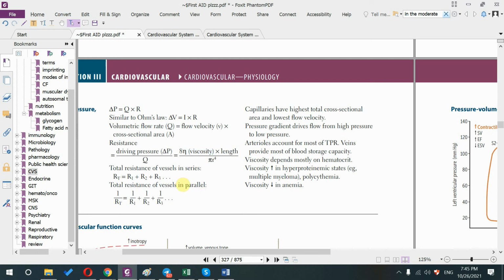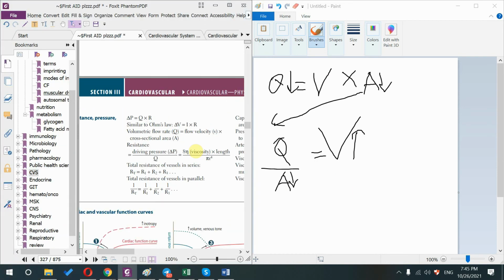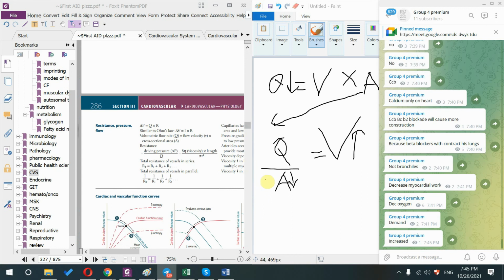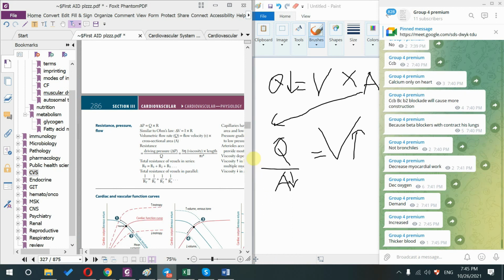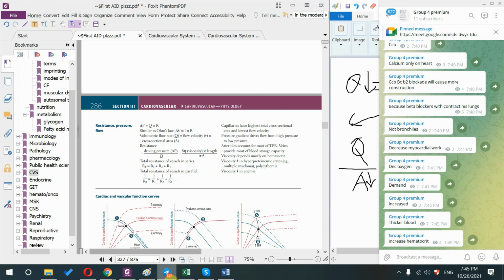Guys, someone who has polycythemia vera, what will happen to the viscosity of his blood? Exactly. With polycythemia, he will have increased hematocrit and thicker blood. So what will happen to the resistance?